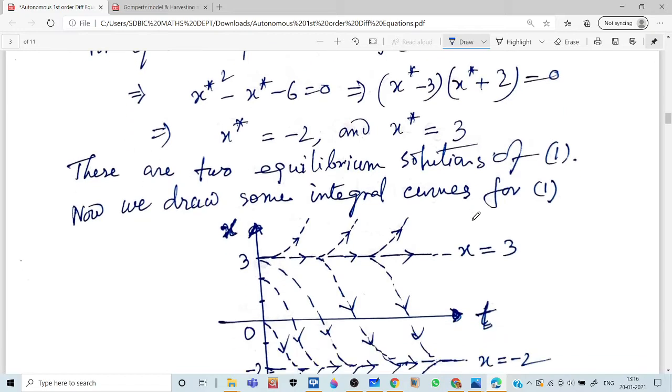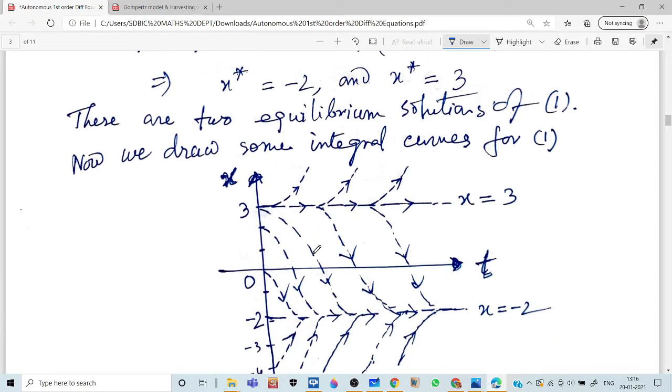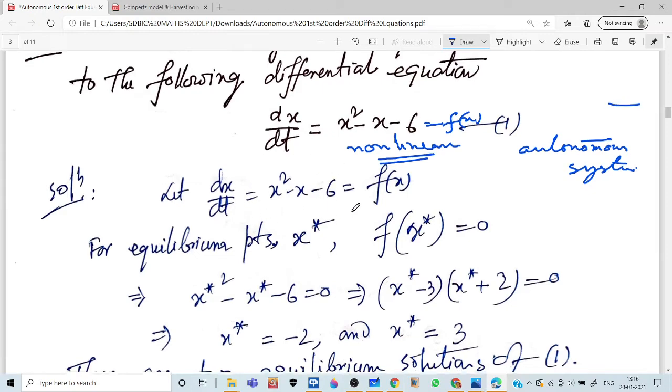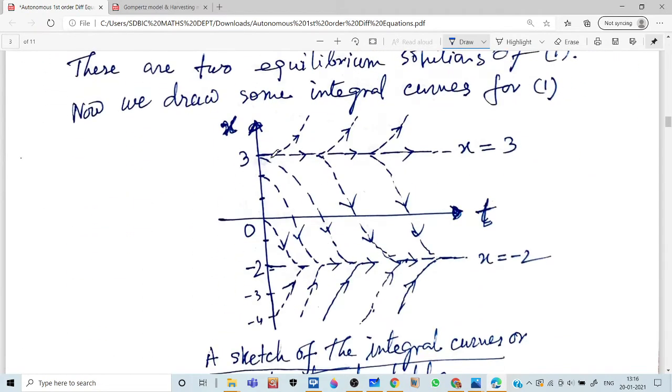If you try to solve this differential equation, you get this type of solution curve.